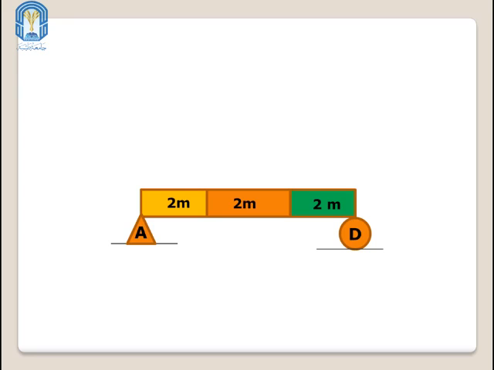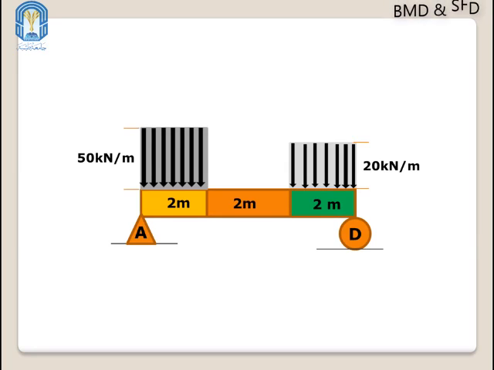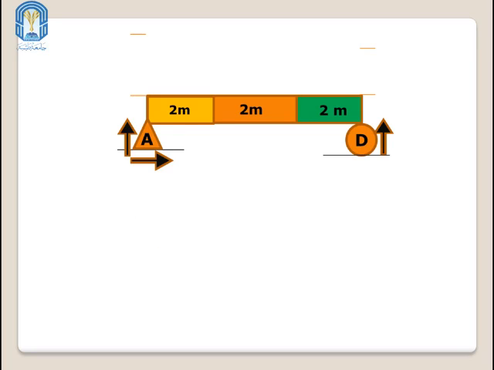In this example, he gave me two distributed forces. This is the first one, and this is the second one. If we want to find our diagrams, we need to determine our reactions around the pin A and around the roller D. For that, before we do any integration or any reactions, we need to determine our centroid for each force.